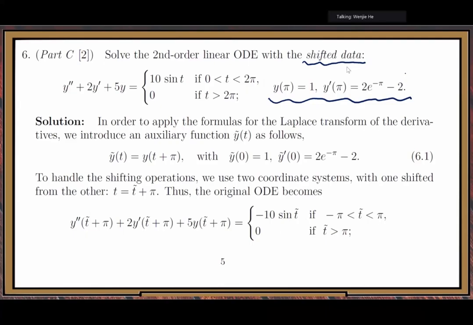So we use some auxiliary function. So the first step, we do the coordinate system switch from one to the other. But when we do this kind of manipulation, there is one little problem.